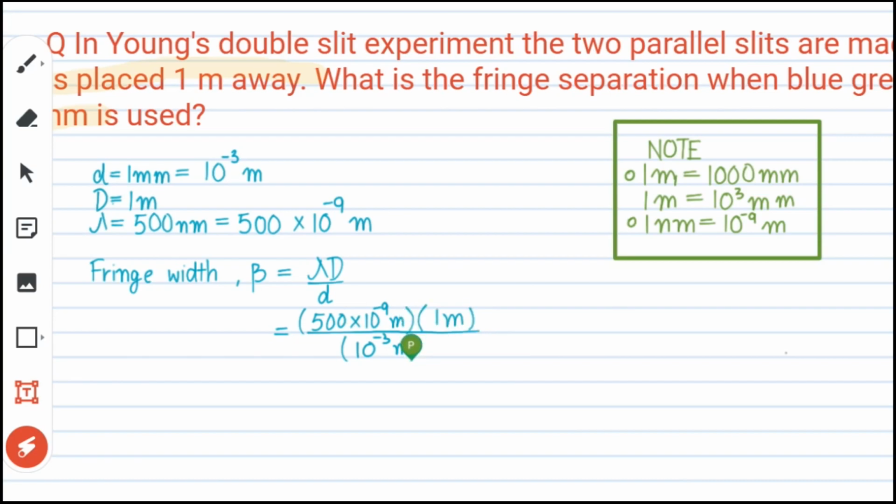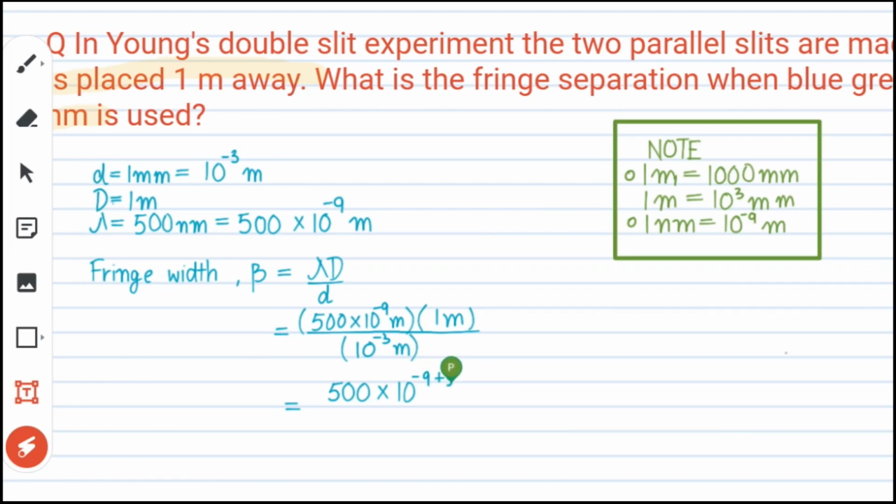And then the only calculation left will be here. So 500 times 10 to the power minus 9 divided by 10 to the power minus 3. I can cancel these two terms. So if I take this 10 to the power minus 3 to the numerator, what will happen? It will become plus.